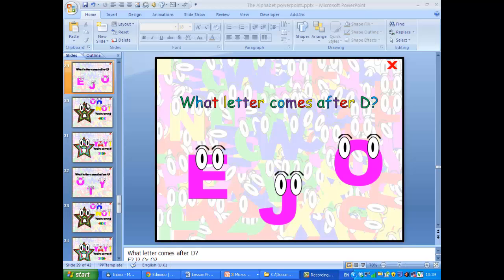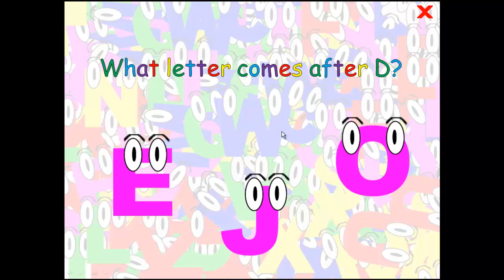It's important that you have it like this simply because if you are wrong you need a link to go back to this one, and if you are correct you need a link to go on to the next question. So each slide has to have a yes and a no answer attached to it. So in real time, what letter comes before D?